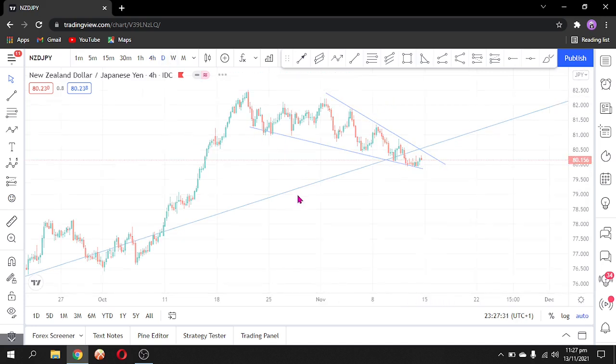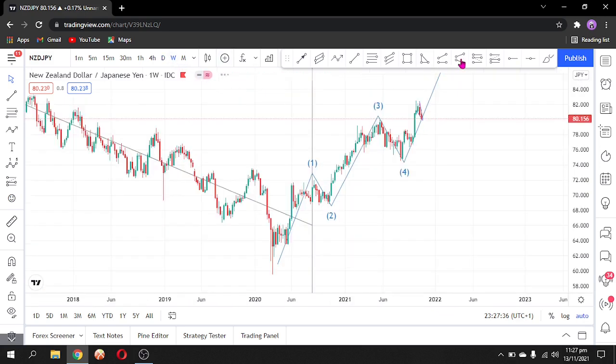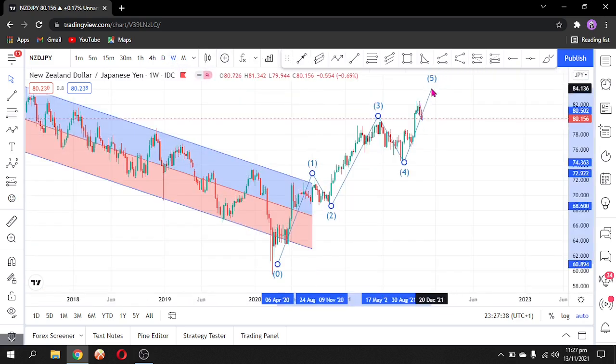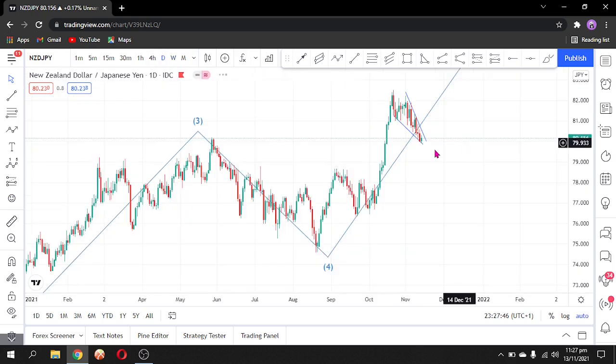So our forecast for this currency pair, price will continue to push up after breaking this bearish triangle, and we'll have price pushing up to the upside.